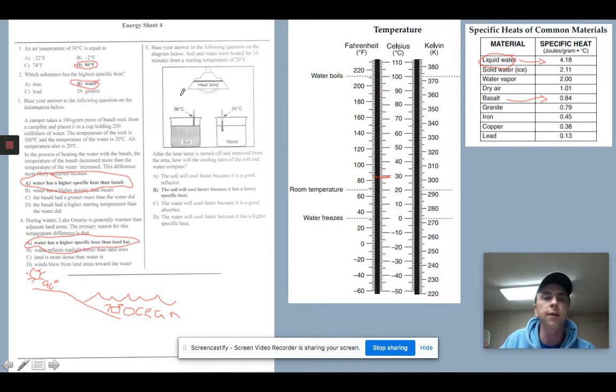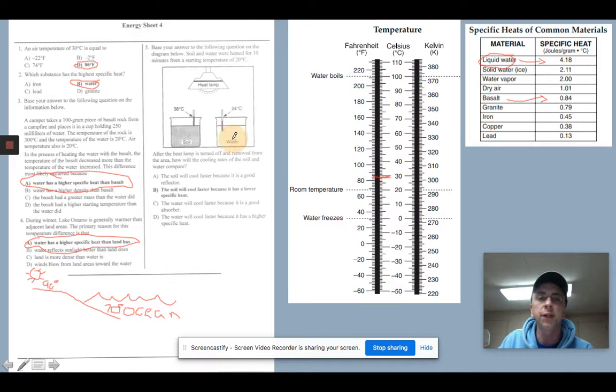And then over here, number 5, base your answer to the following question on the diagram below. Soil and water are heated. Okay, so we're heating up soil. We're heating up water. After the heat lamp is turned off and removed, how will the cooling rates of the soil and water compare? So we heat them both up. They're hot. The basic question here is, what is going to cool off faster?